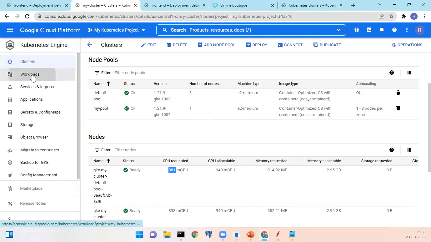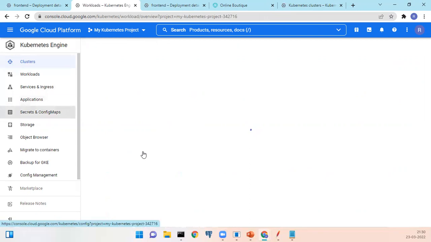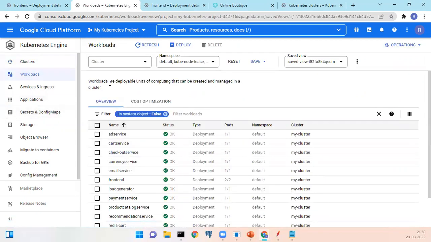Now let us get into the workloads. What is a workload? A workload is a deployable unit of computing that can be created and managed in the cluster, or it can also be called an application that runs on Kubernetes. We deployed these microservices into this particular cluster.